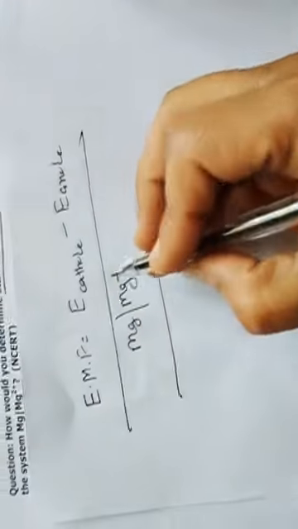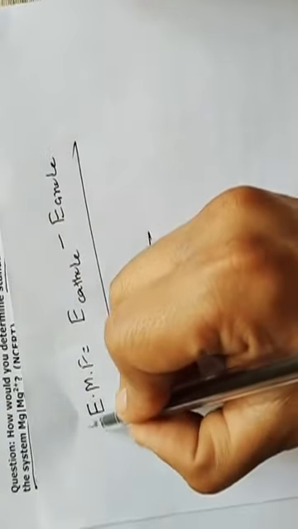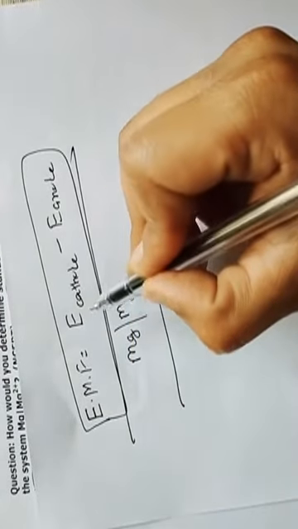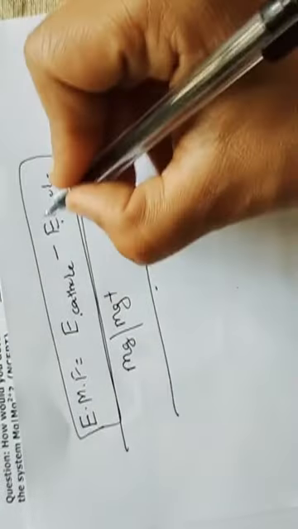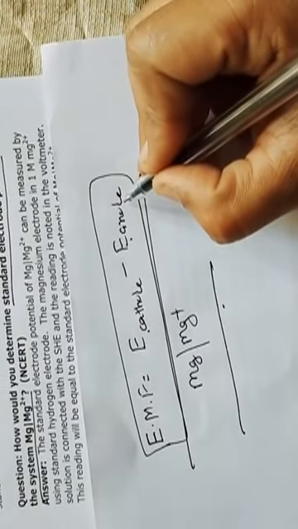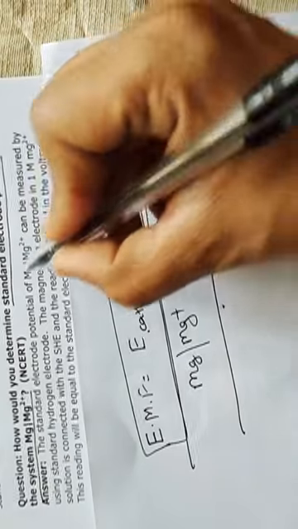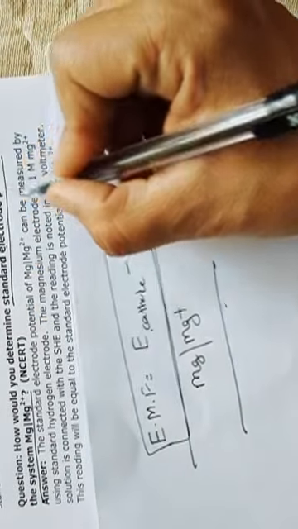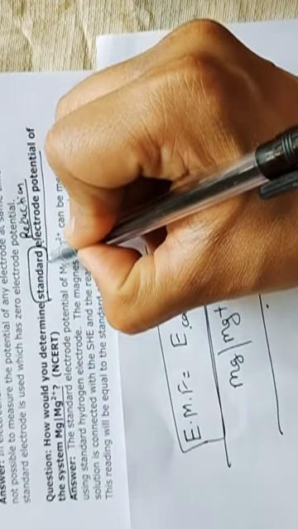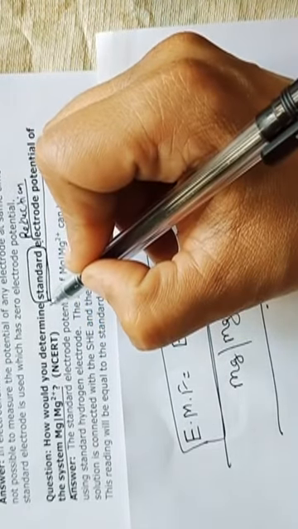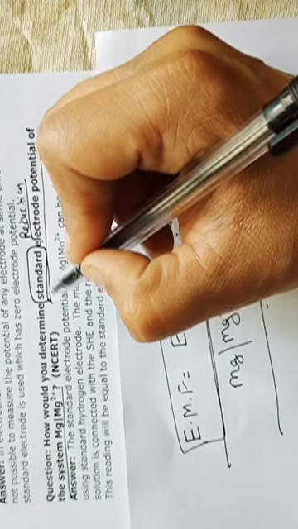Now what you will write, we know the value of EMF is calculated by using formula E cathode minus E anode, and you have to use what? SHE. You have to use SHE to find the standard electrode potential. Because standard means the electrode potential which has been derived or calculated by the use of SHE.